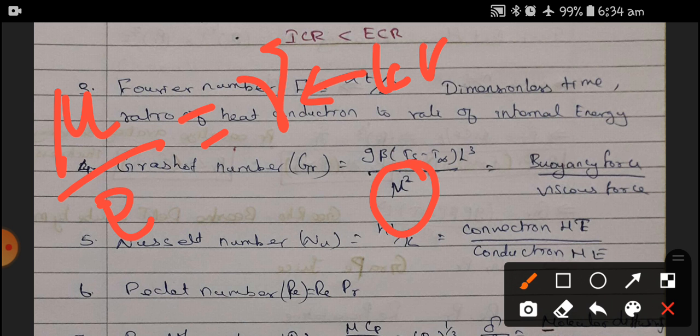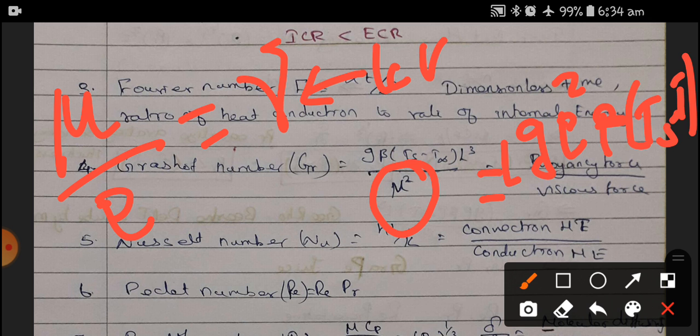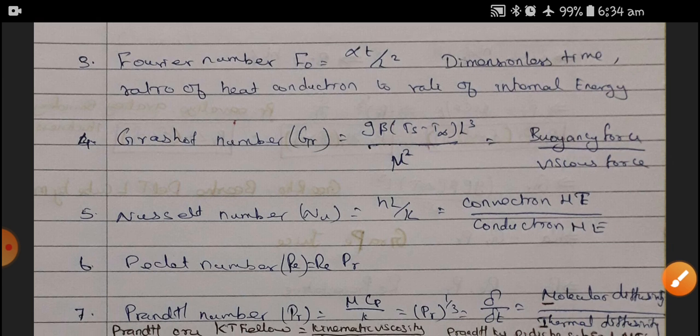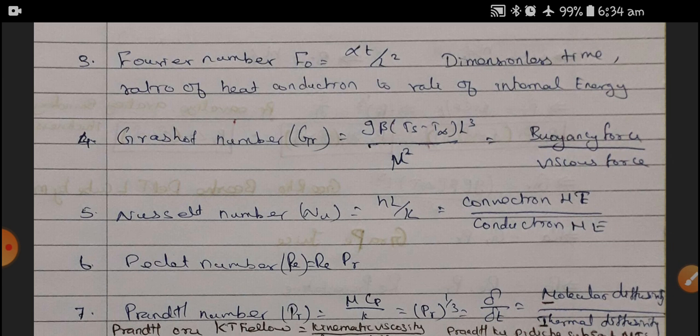So instead of this, we can use g rho square beta (Ts minus T infinity) L cube, whole divided by mu square. Like that, we can also put an equation. Next is the Nusselt number. Nusselt number is the ratio of convection heat transfer to the conduction heat transfer.